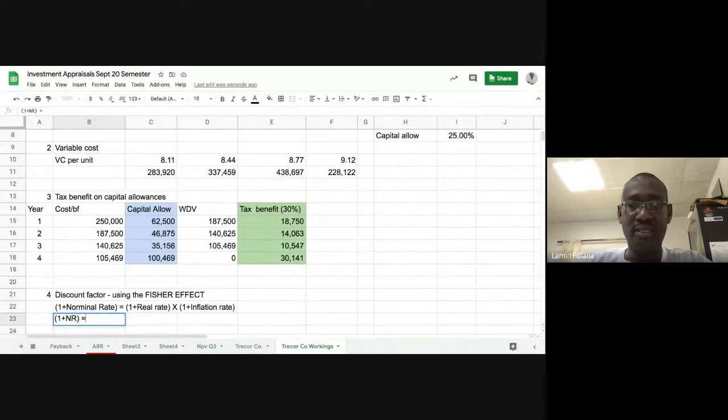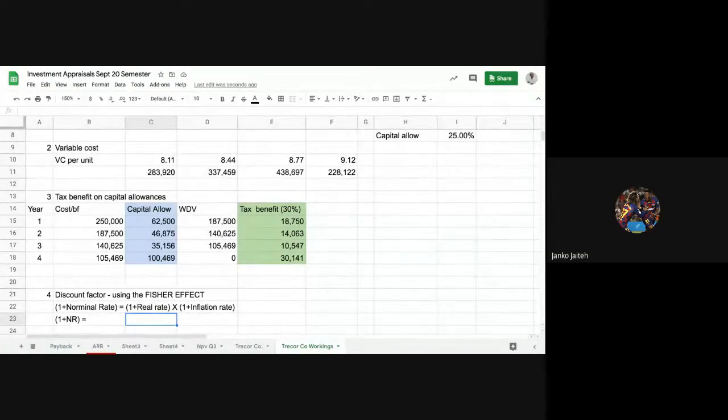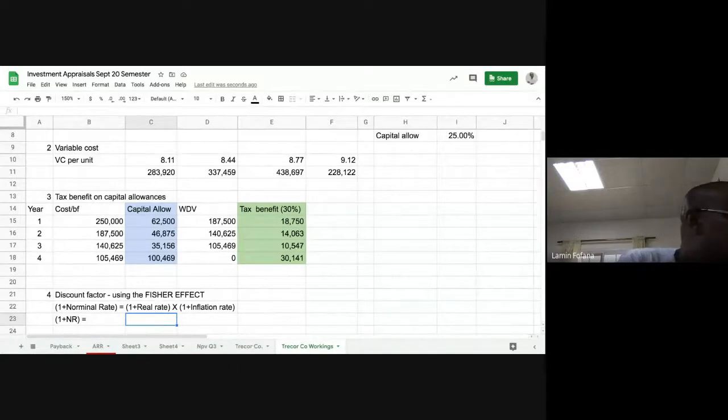So 1 plus real rate. What is real rate? It's 5.7. The real rate has been given in the question as 5.7%.